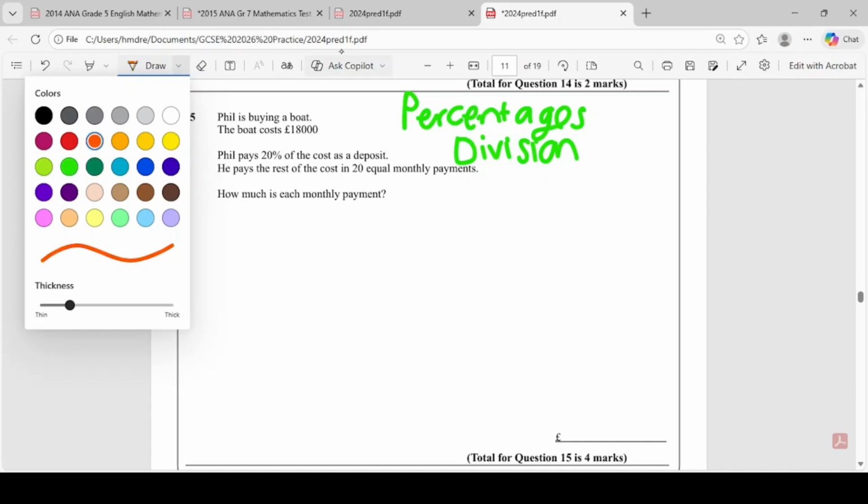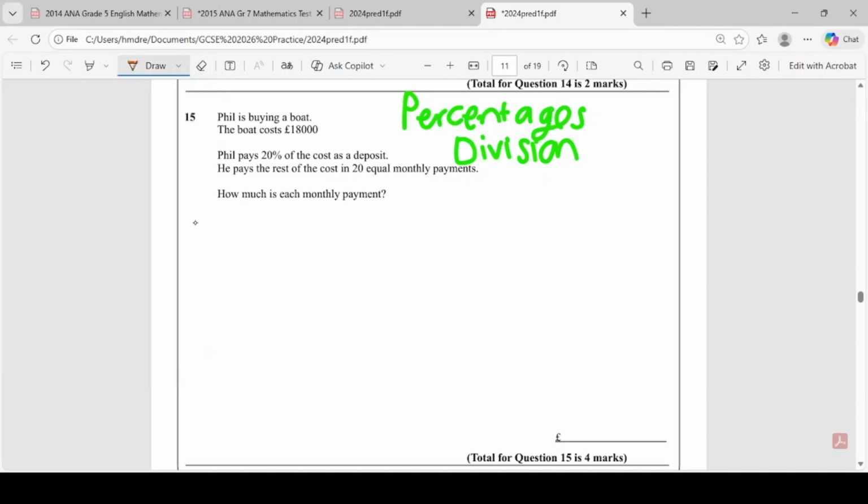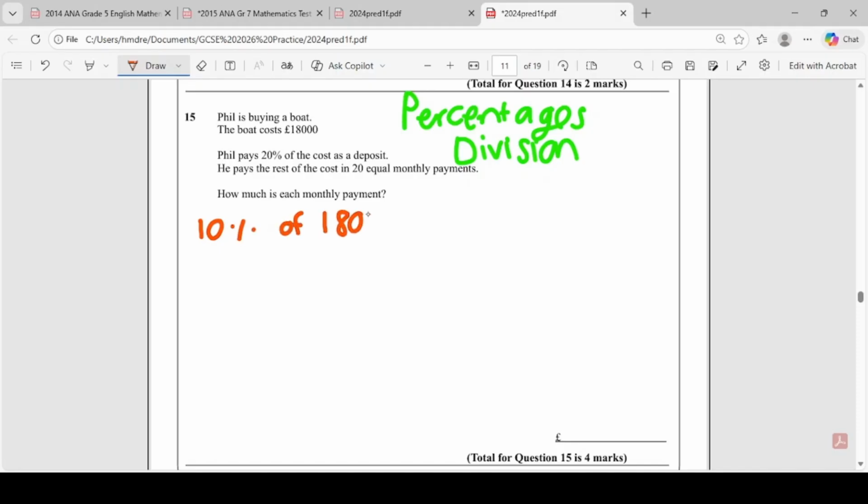First of all, we are going to work out what is 20%. You don't have a calculator, so make it easy on yourself. Work out 10% first. So 10% of 18,000. The reason we work this out first is because it's really easy. We just cancel one of the zeros. So it's 1,800.